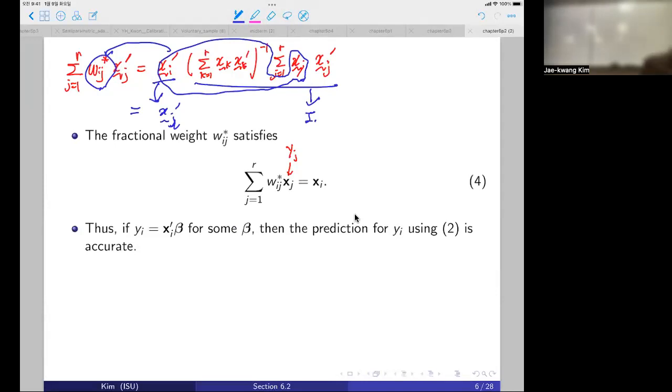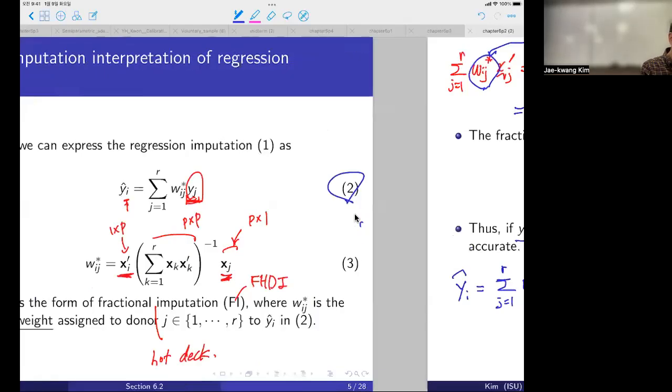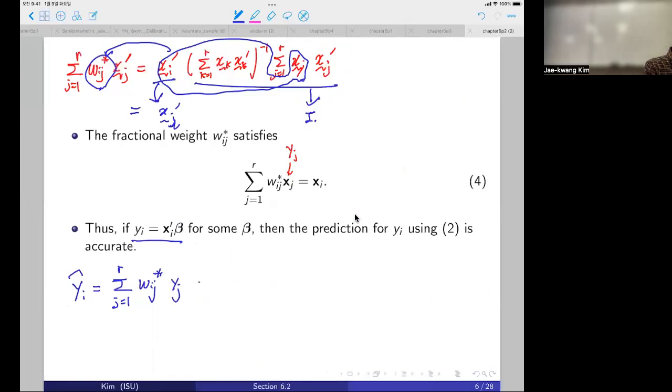So what is the implication of this property? Well, suppose xy is completely explained by x linearly. That means your yi hat is the summation over j from 1 to r of wij star yj, right? So this is the definition, and then this is wij star xj prime beta.